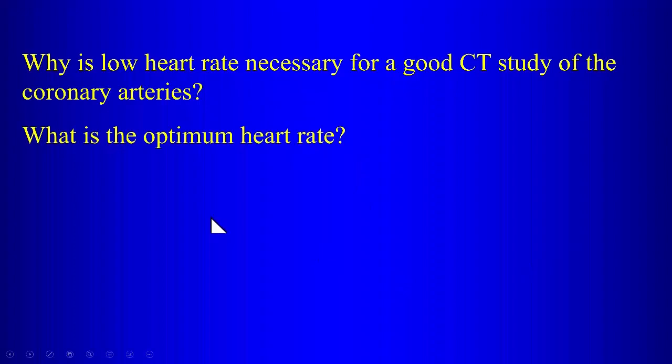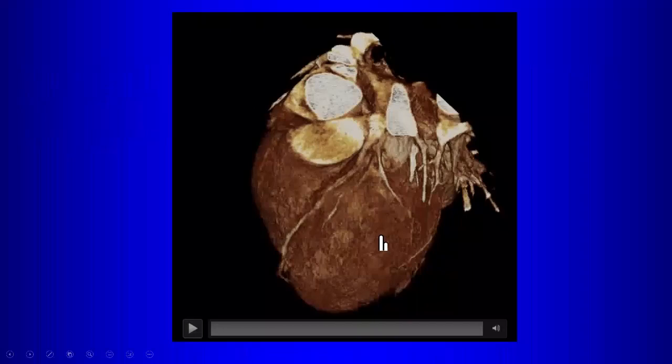Aorta. We're doing the coronary arteries. RCA. Yeah, the RCA. But what's the optimum heart rate? 66. Yeah, around 60. 55 to 60 is really golden. You probably shouldn't do it if you can't get the heart rate less than 75 or 70. Probably should not even attempt it.